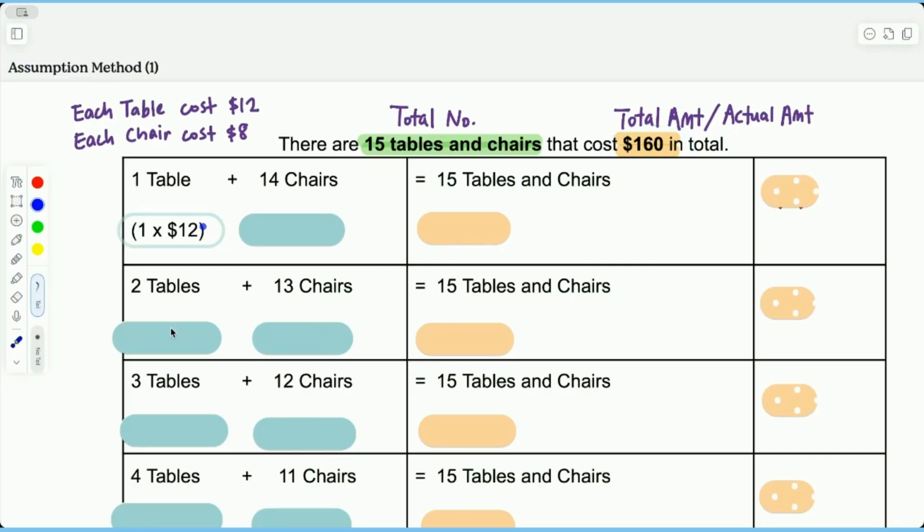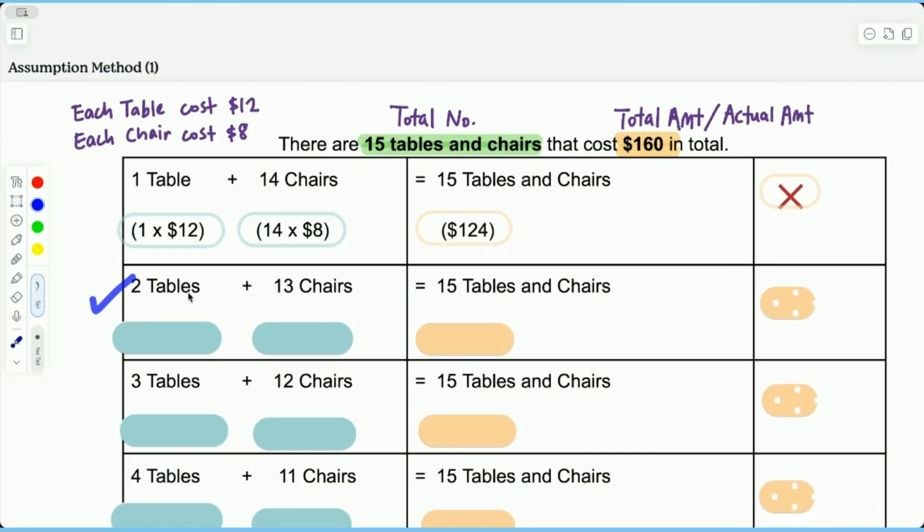We have 1 table, which costs $12, and 14 chairs, which costs 14 times $8, because 1 chair costs $8. The total will be $124. $124 is not equal to the total amount that the school spent. Hence, we cannot use this combination.